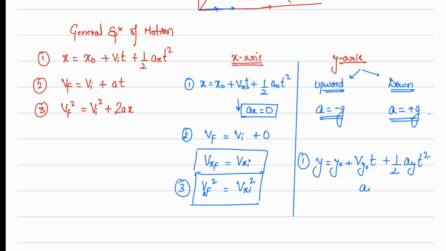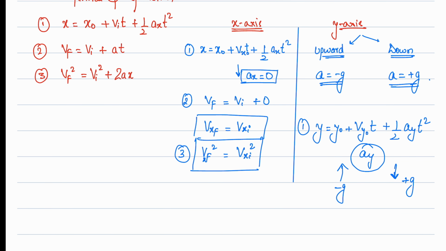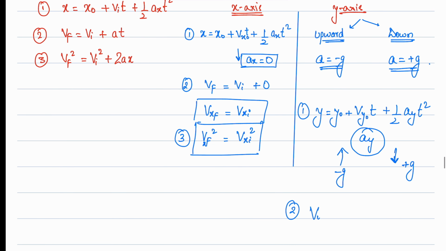And this a y depends: upward, then negative g; downward, then plus g. Clear? Similarly, you can solve the second and third equations. Second equation: vy final equals vy initial plus a times t. And I told you this is a y and it depends upon the question.